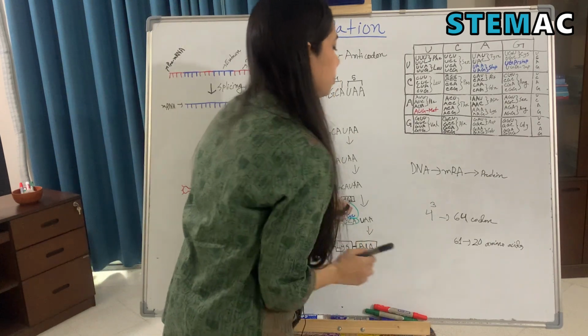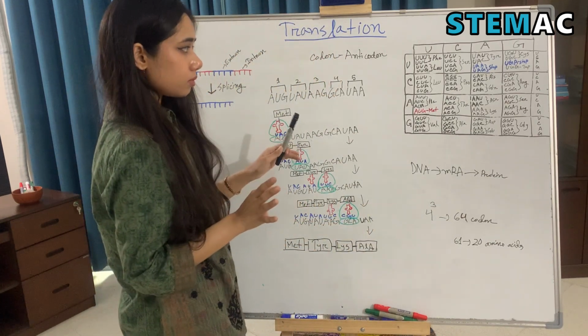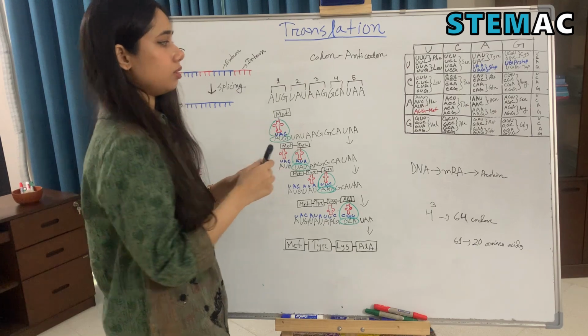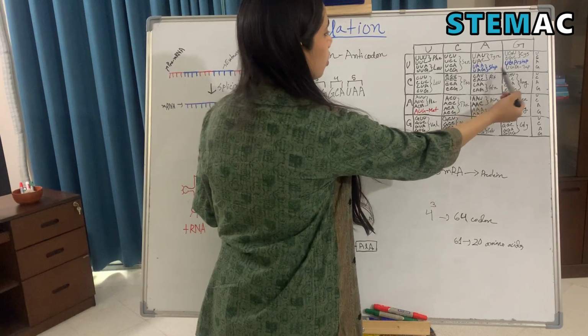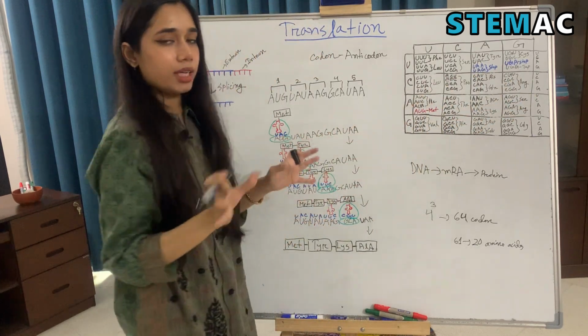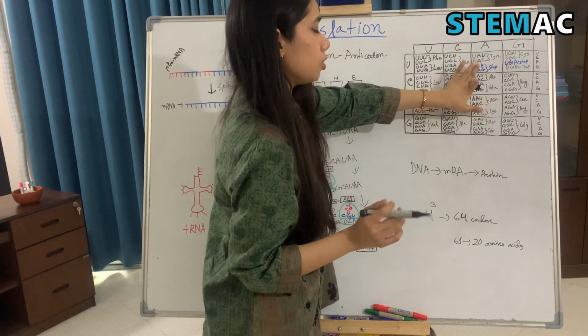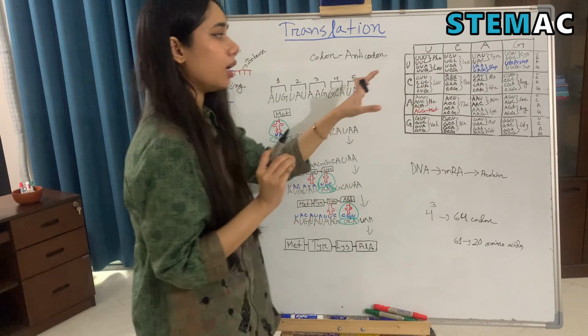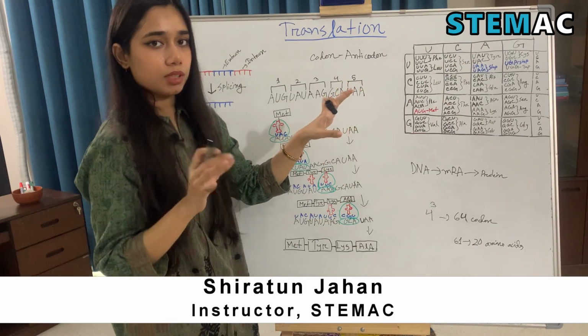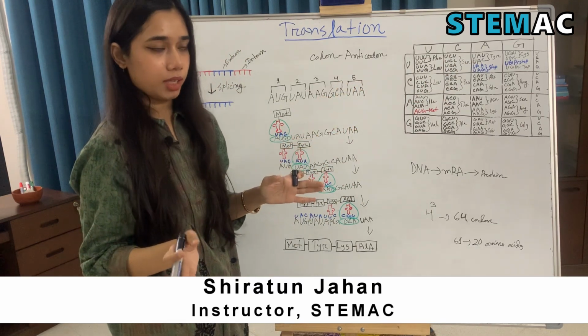Why 61? Because within those 64 codons, 3 codons will not code for any amino acids. These three are stop codons. These codons signal the translation process to stop, okay?